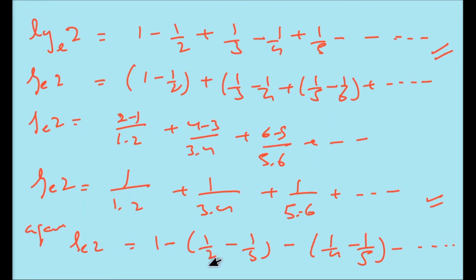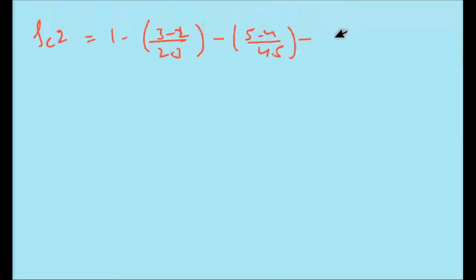Now taking LCM here, what do we get? 1 minus, we take the LCM of 2 and 3, 3 minus 2, minus, take the LCM of 4 and 5, 5 minus 4, and taking LCM of 6 and 7, 7 minus 6.